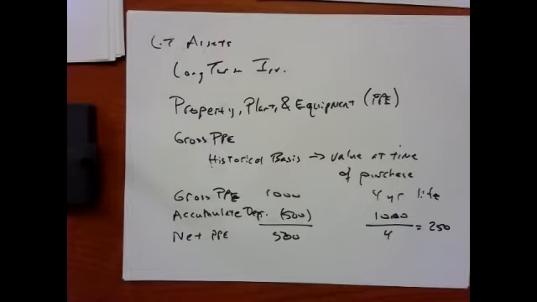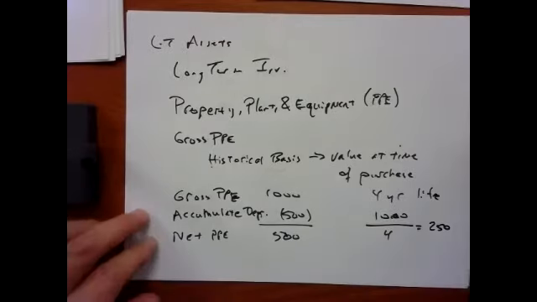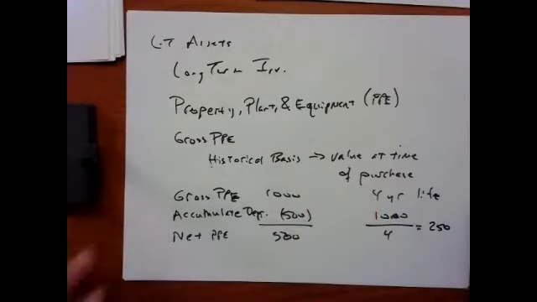It is not uncommon for them to just show you the net PPE line and say, see the notes for more details. But I will probably ask you to do this as part of your calculations. So those are two of the most common long-term assets.